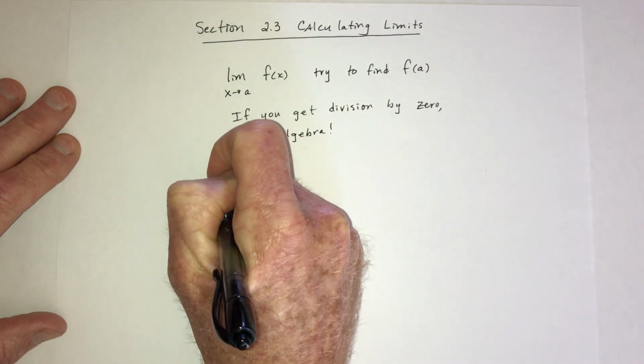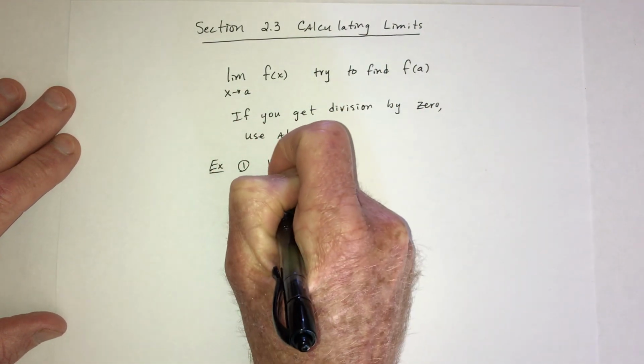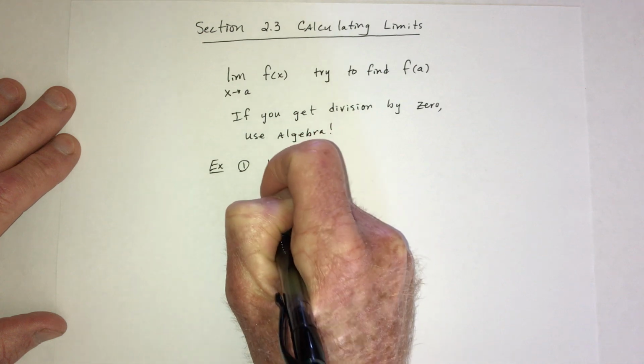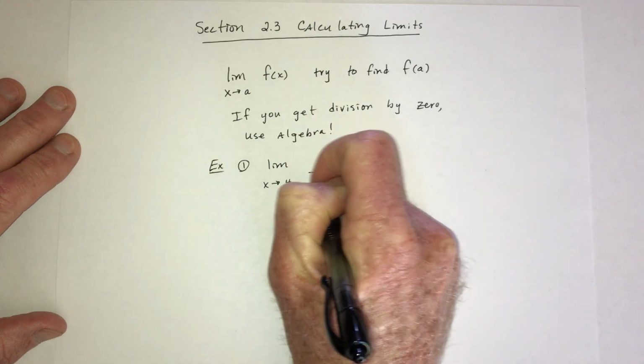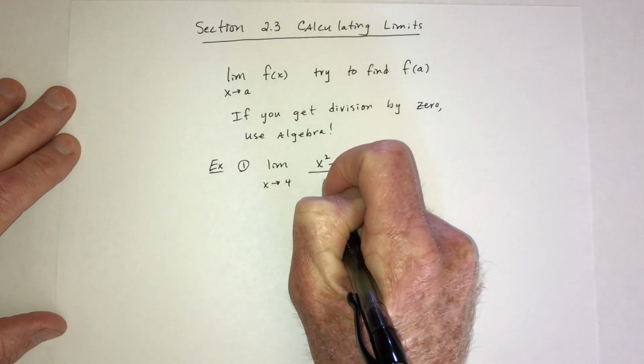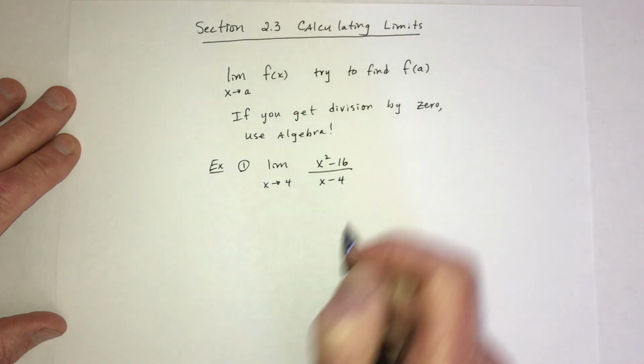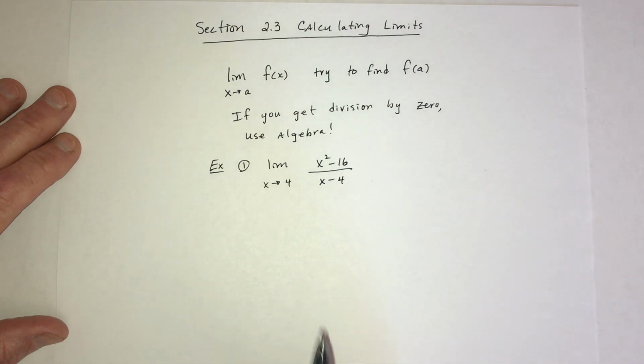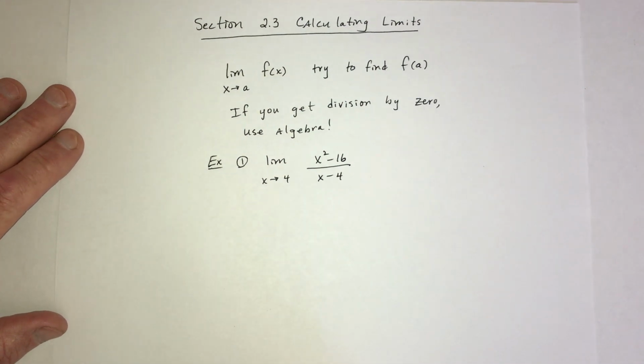So for example number 1, the limit as x approaches 4, and with these examples I'm going to try and go over every possibility, or at least almost every possibility, and we're going to go from the easiest to the medium to the more difficult. This would be one of the easier ones.